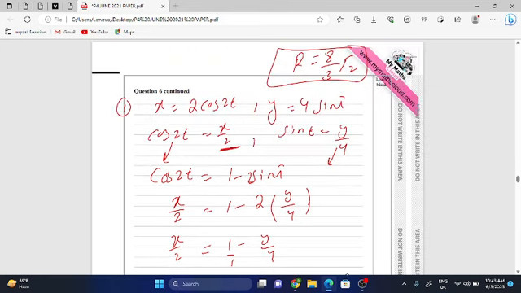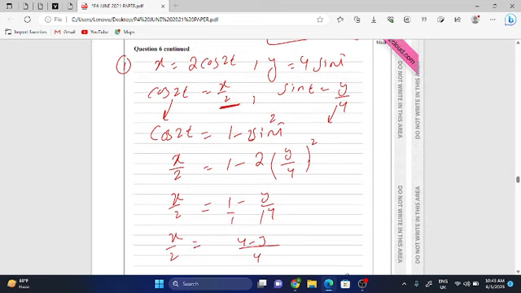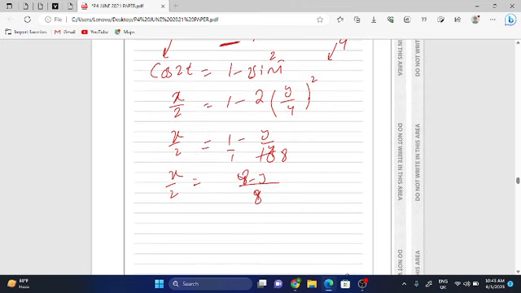Let me check I'm right. x by 2, 1 by 2, sine square of t, here should be 2, so here should be 16, and after cutting, 8. So it would be 8 minus y divided by 8. So here should be y square also.